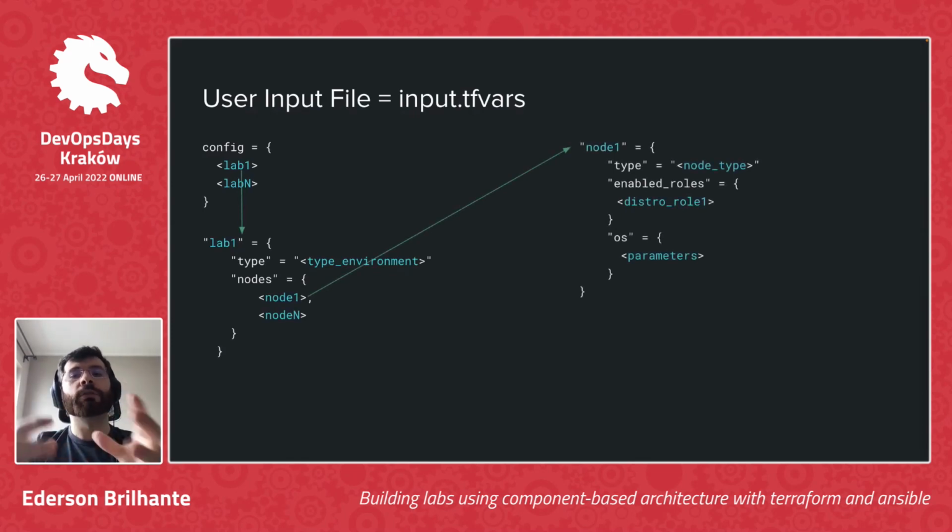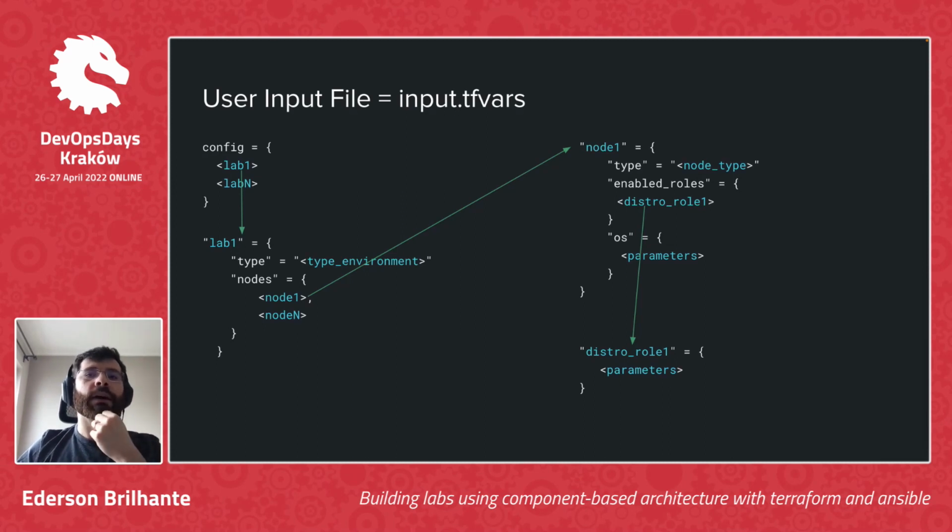It has its own parameters and a group of roles. A role represents the feature that you want to install or configure inside this EC2 machine, and it also has parameters. For example, let's say you want to install a specific software in version 1, and in another node you would like version 2.